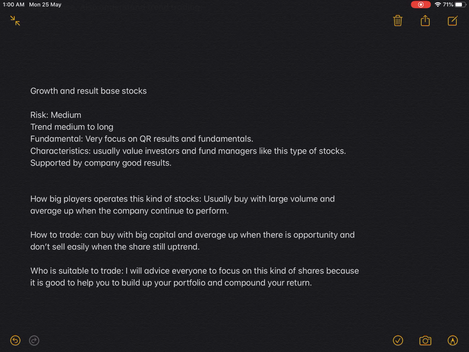Okay, who is suitable to trade this kind of shares? I will advise everyone to focus on this kind of shares because it really helps you to build out the portfolio and compound your returns in the long run. And these are the stocks that I also focus on. For example, recently I have been introducing some counters like Bursa Malaysia. These are solid result-based stocks, supported by good business and by QR results, rather than buying counters like construction counters.